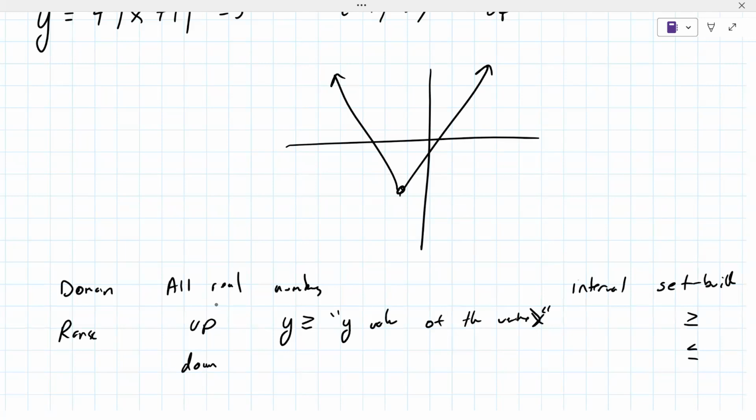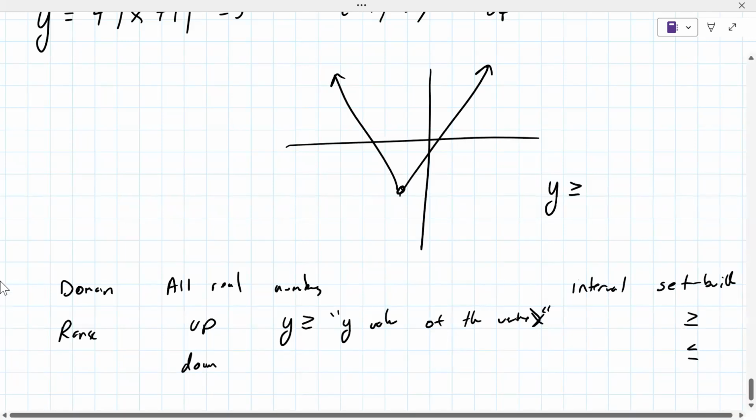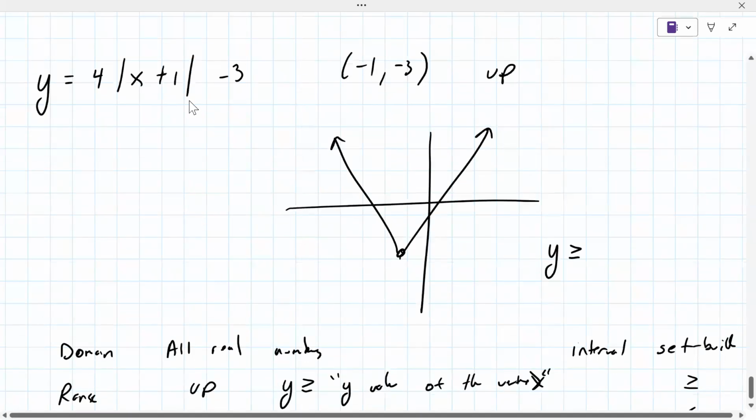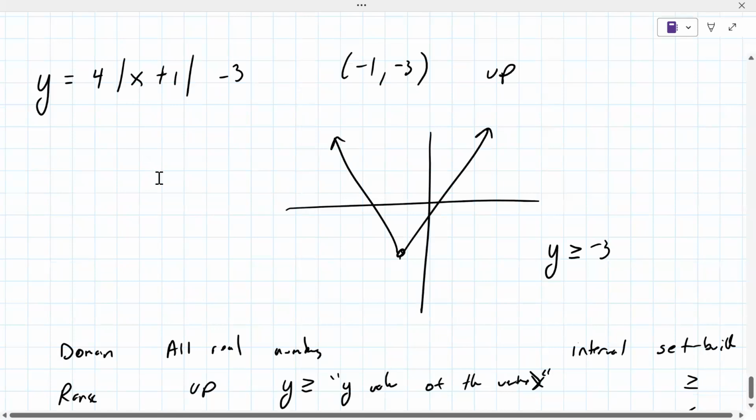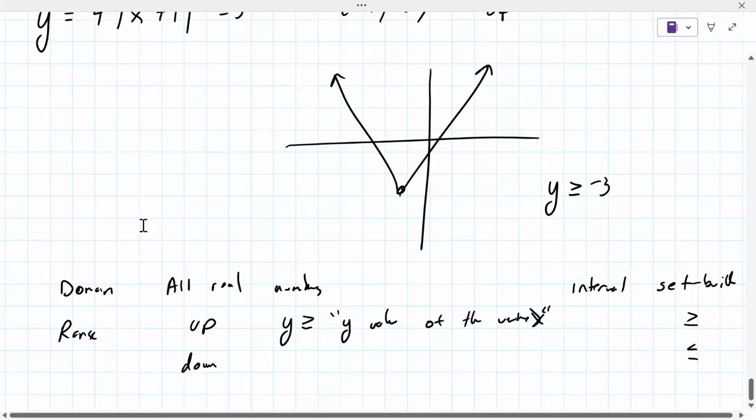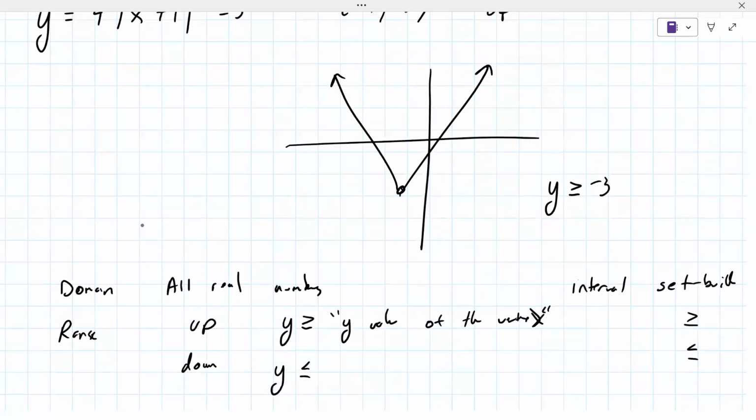So in your problem, it would be y greater than or equal to -3. If it opens down, it's y less than or equal to the y value of the vertex. Big surprise.